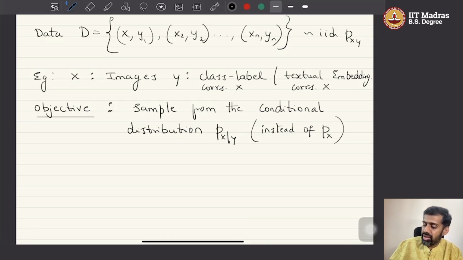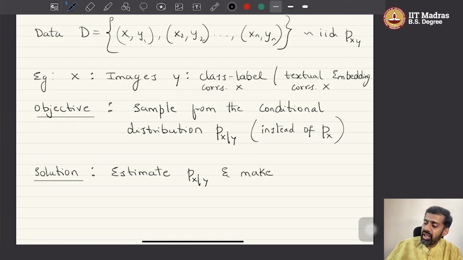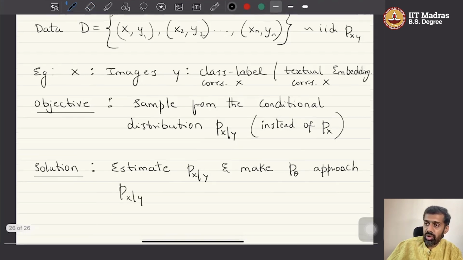The solution is to estimate p(x given y), whereas we were estimating p(x) so far, and make p_theta approach p(x given y) for all y.